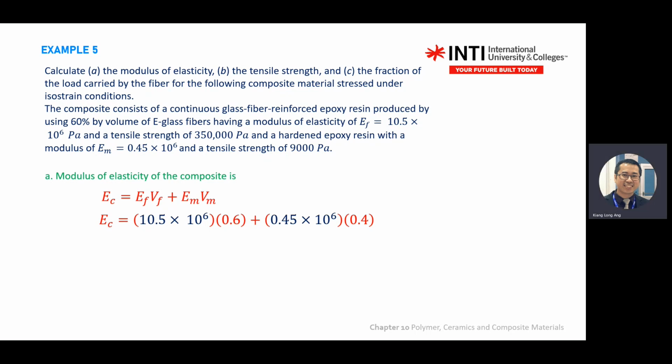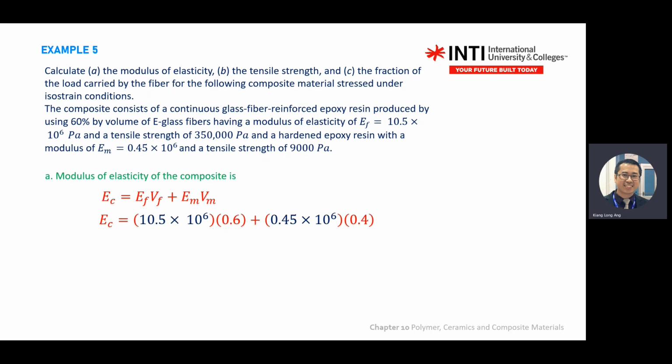So you change the percentage into a fraction, 0 point something. If 100% means 1, then 60% you change to 0.6, and matrix is the other one, 0.4. Although the question does not tell you the matrix percentage, you should know you get 100% when you combine volume of fiber plus volume of matrix.